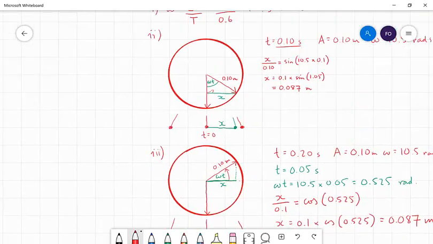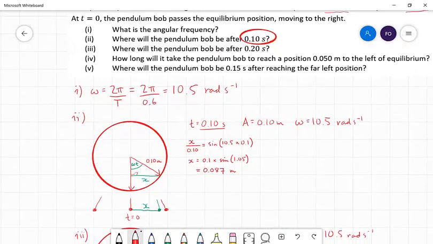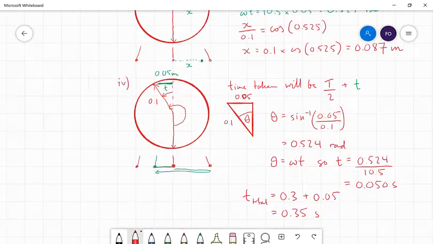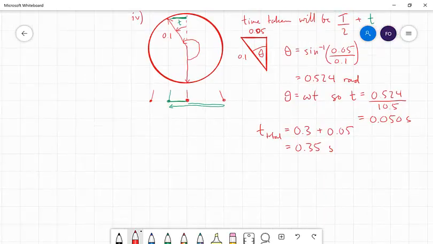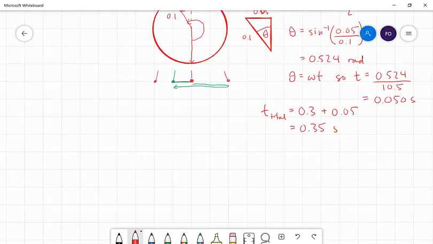Okay, one last question. Where would the pendulum bob be 0.15 seconds after reaching the far left position? Okay, so one more problem here, and we'll paste that. This is part 5.